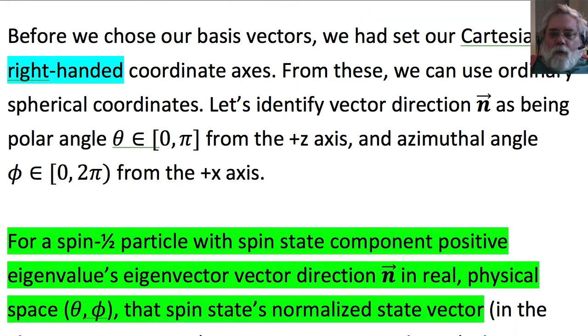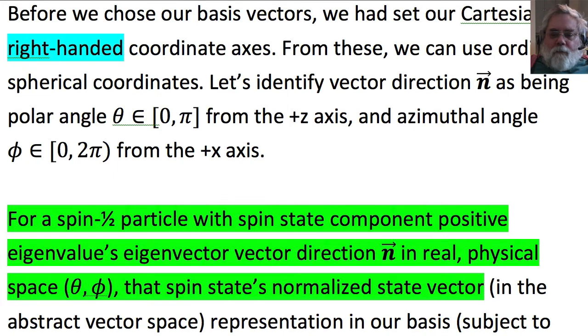Now I said there was a one-to-one correspondence, and in fact there's a simple representation. For a spin 1/2 particle with spin state component, positive eigenvalue's eigenvector, vector direction n in real physical space.